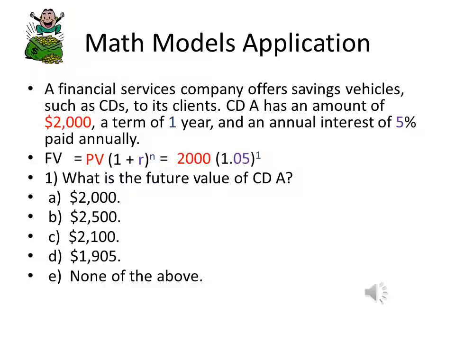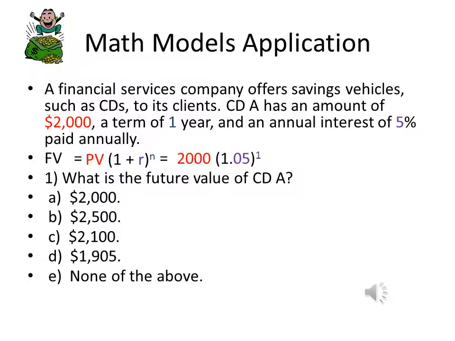So, the present value, or excuse me, the future value formula is equal to present value times 1 plus the rate to the power of n. N represents the number of years or the terms of years. Okay, so let's plug in our values and get rid of our variables.